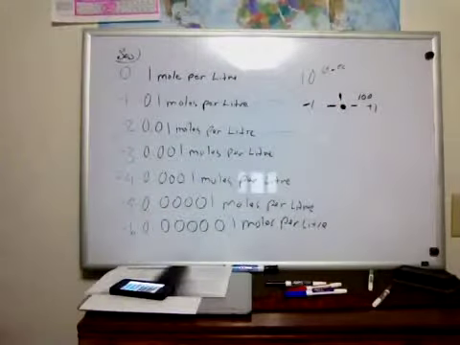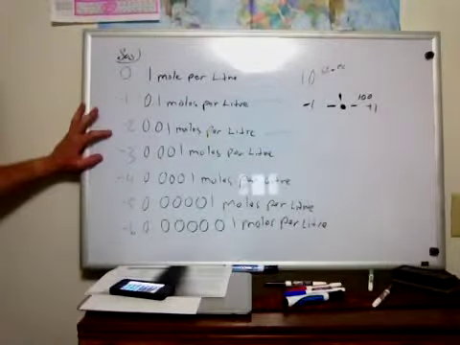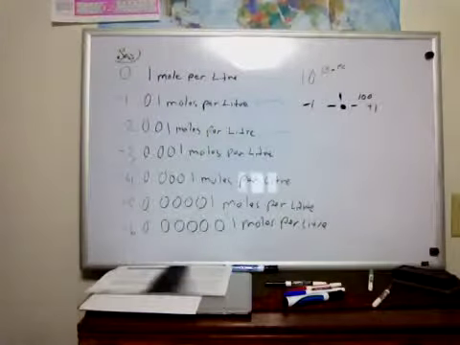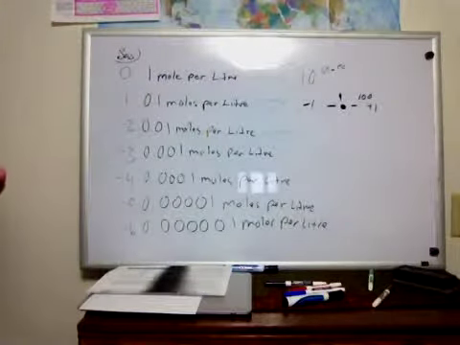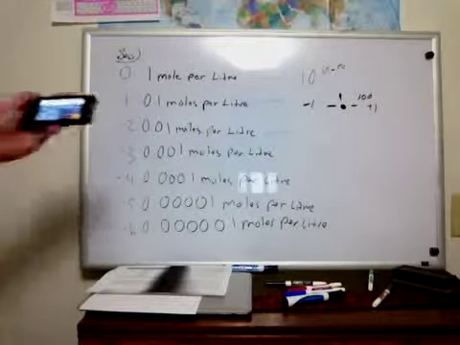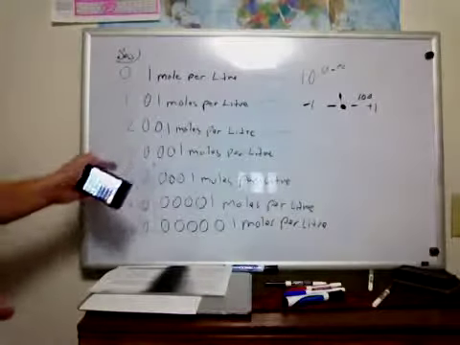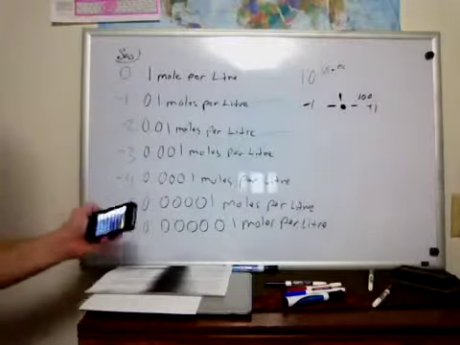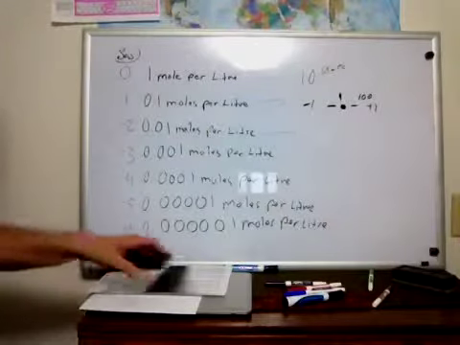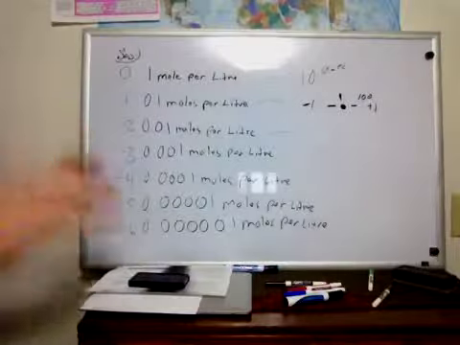And there's my -1. So now let's say that I make it even weaker, and I go to 0.01 moles. 0.01, and I hit the log. That's -2. 0.001, -3, -4, -5, -6, and so on and so forth. So hopefully we're starting to see a pattern when we use a logarithm.